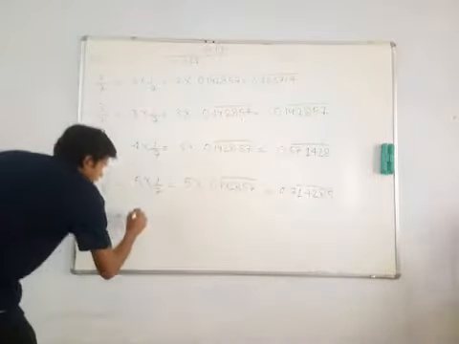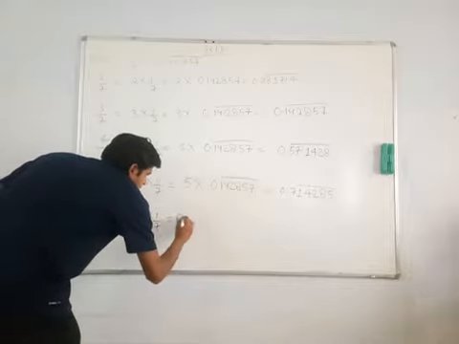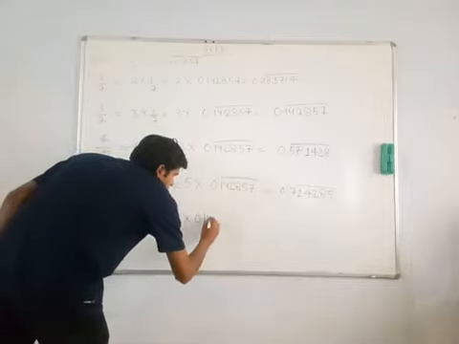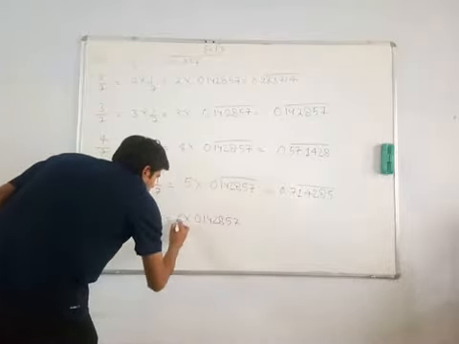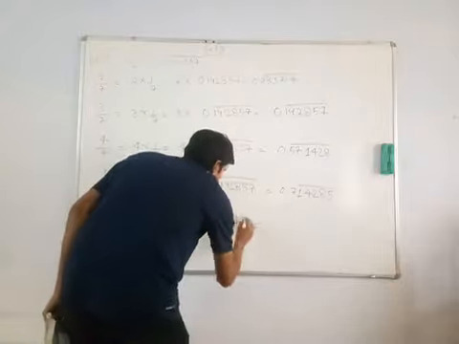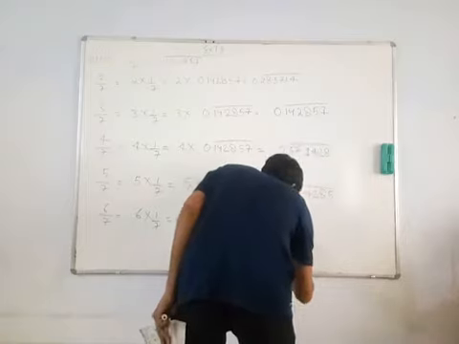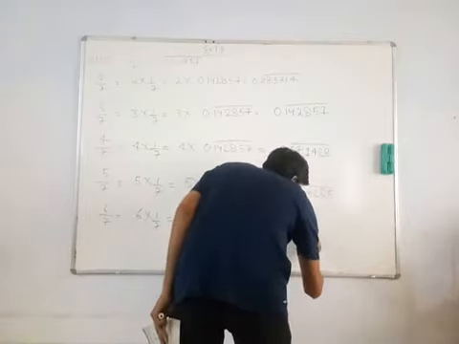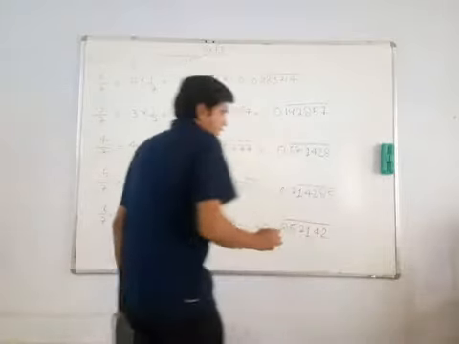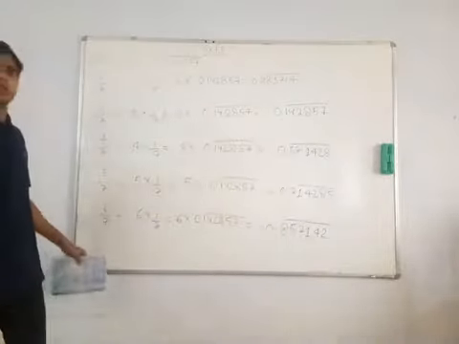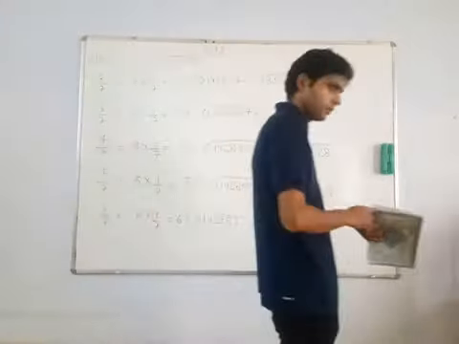And last is 6 upon 7, 6 multiplied by 0.142857. So it will become 0.857142. Right? So these are the values of 1 upon 7, 2 upon 7, 3 upon 7.